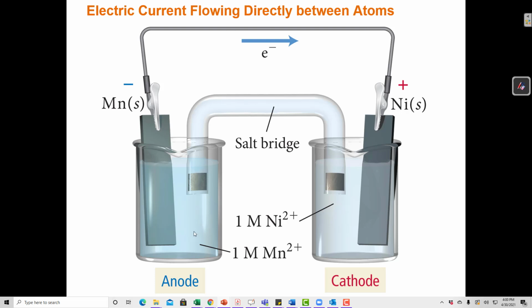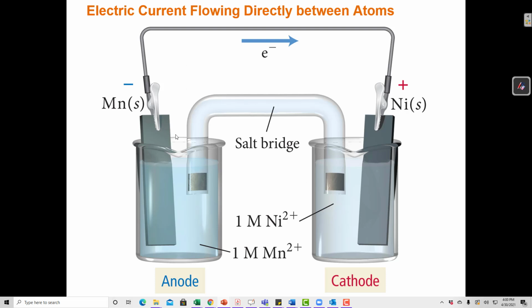In this case, the manganese metal will lose electrons, and the electrons will travel down the wire and go into the solution, and they'll reduce the nickel 2+ ions in this solution.